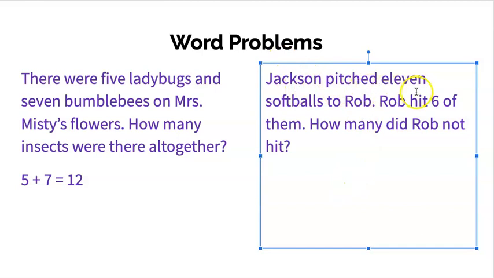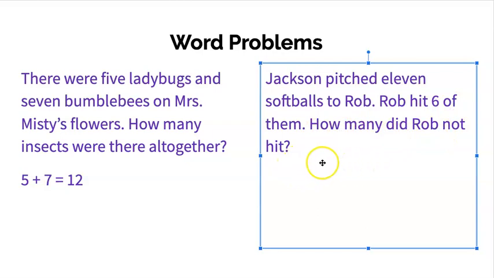Jackson pitched 11 softballs to Rob. Rob hit 6 of them. How many did Rob not hit? All right, so it didn't say all together. It didn't say how many more, but what it did say is he hit 6 of them. How many did he not hit?